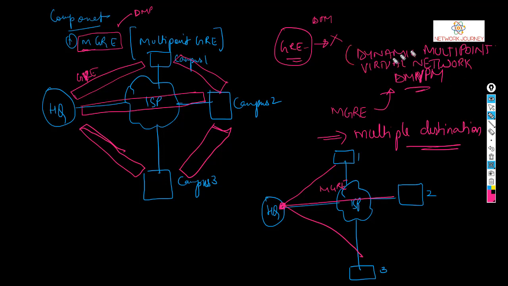Okay, why do I call it dynamic? The reason is we have multiple destinations and we are going to run a dynamic protocol. So all this makes DMVPN widely used. We don't need to have multiple individual VPNs in this scenario.